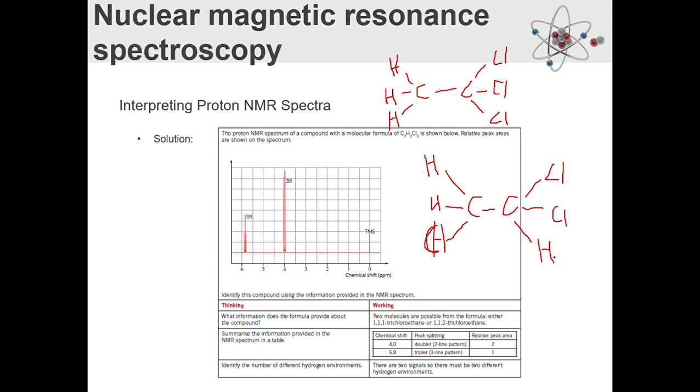You can solve, like we've been doing so far, you can solve this one of 2 ways. I'll walk you through both. Alright, so integration. You've got a peak worth 1 hydrogen and a peak worth 2 hydrogens. Well, this one has 2 hydrogens, and this one has 1 hydrogen.